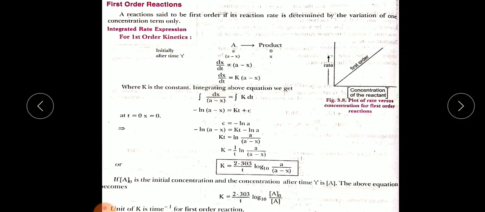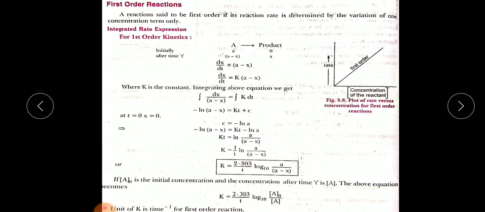Integration of dx by a minus x, you'll get as minus ln(a minus x). Ln is the logarithm with respect to base e. Plus k into dt will be, k is constant so it will come in front, and the integration of dt is t only. Since this is an indefinite integral, we add plus c, that is the constant of integration.